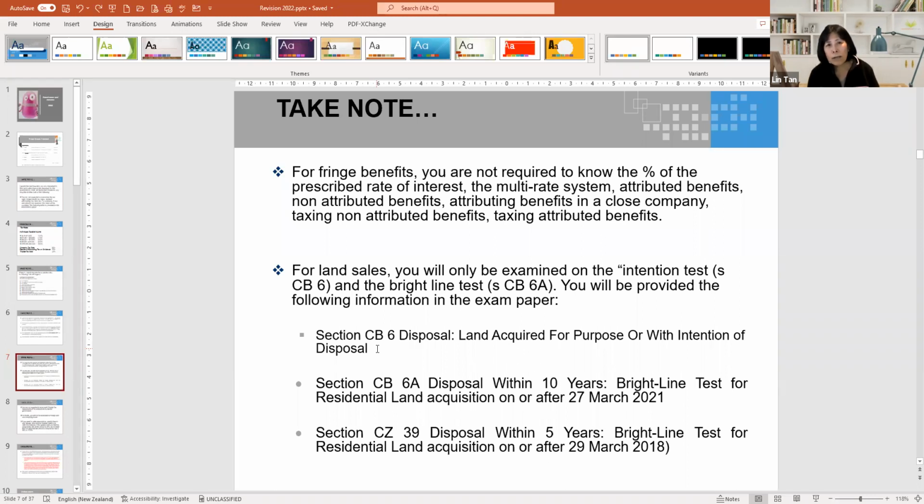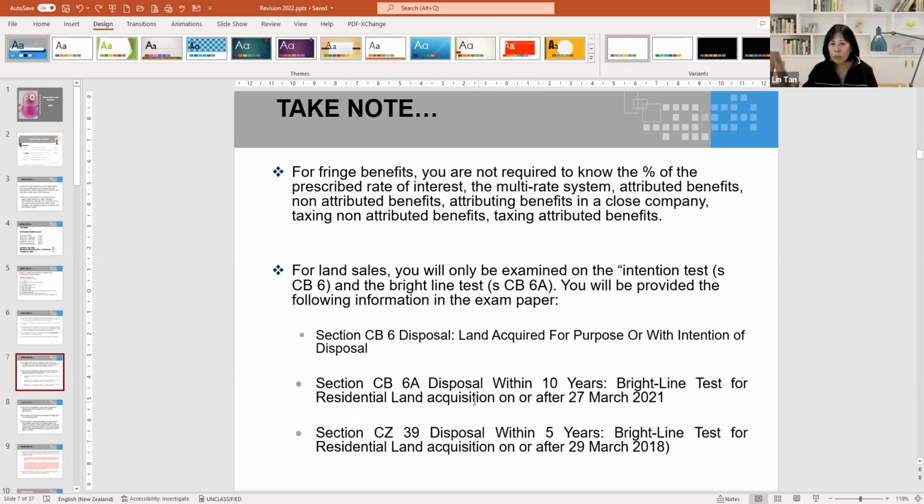And then we move on to the bright line test. Now, the bright line test is a little bit more complex because it does involve dates. And to know whether the 5-year bright line rule applies or whether the 10-year rule applies, you need to know when they bought the property. And to help you to decide that, if there is a question on a bright line test, you'll be given information about section CB6A, which looks at disposal within 10 years.